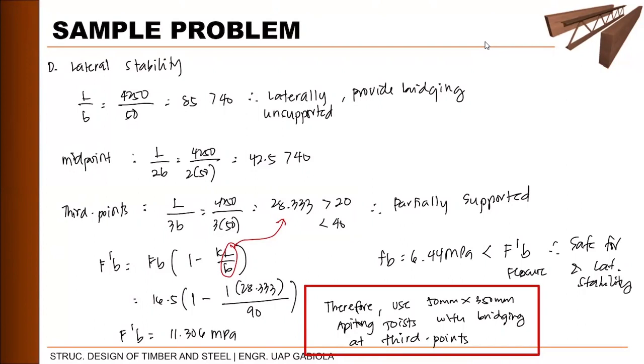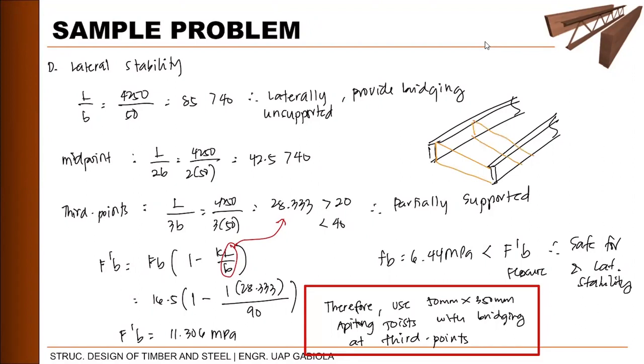Okay? So, this will be our conclusion. Okay? So, what does it mean? So, halimbawa, again, ito yung itsura ng ating joist. Okay? So, pwedeng lagyan natin siya ng bridging dito. Dito.